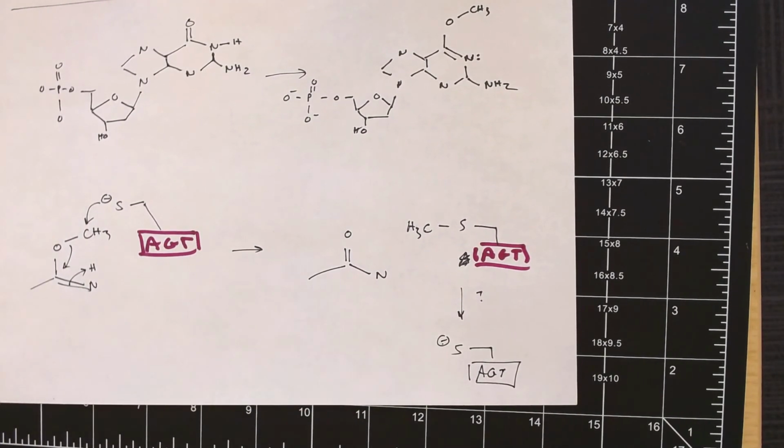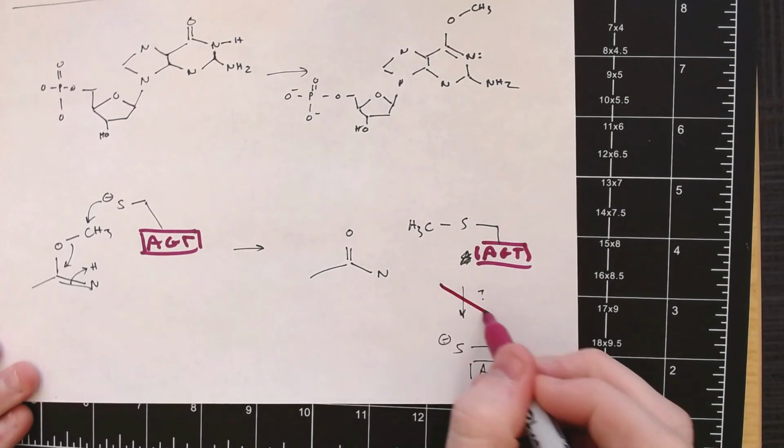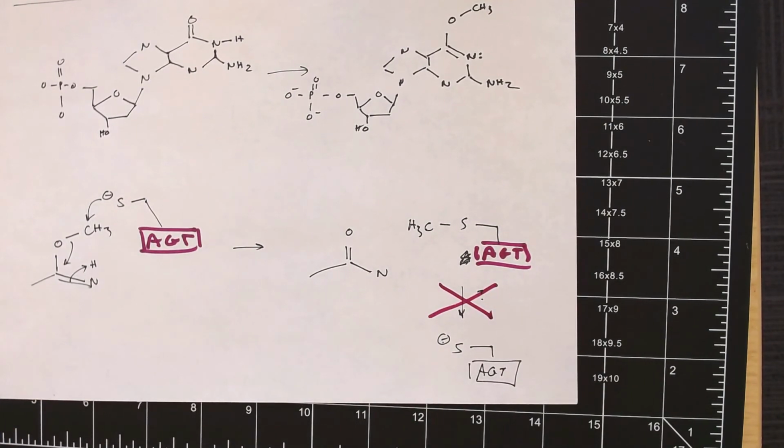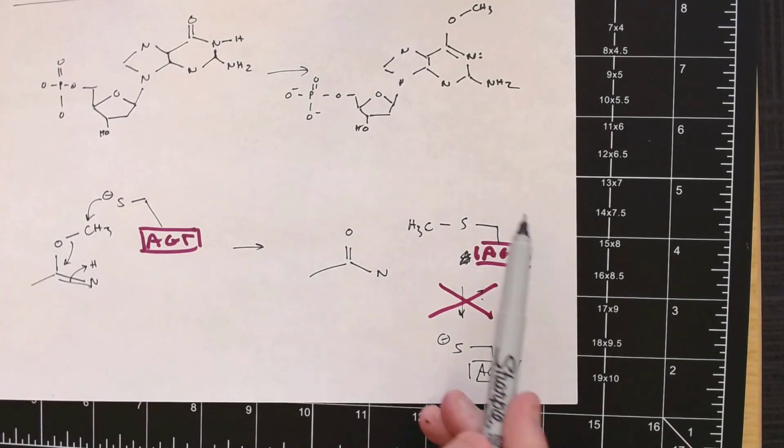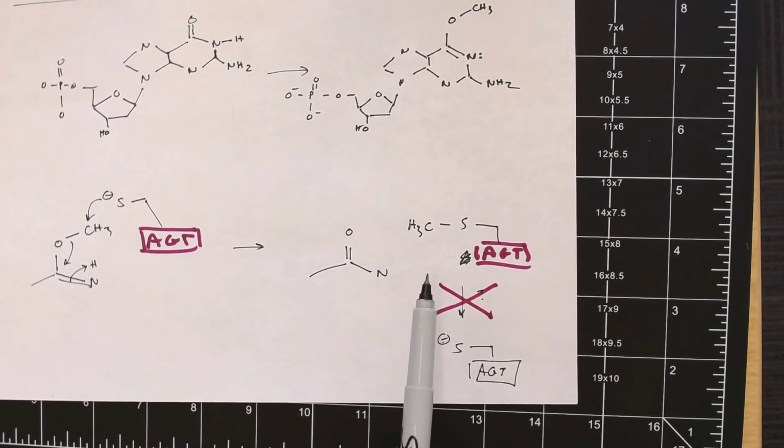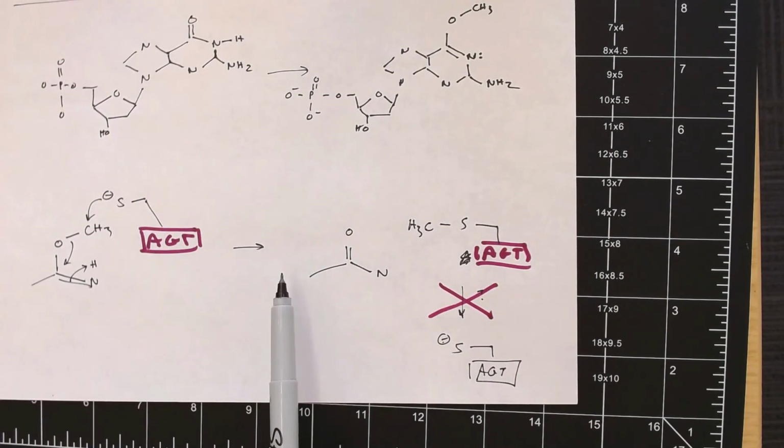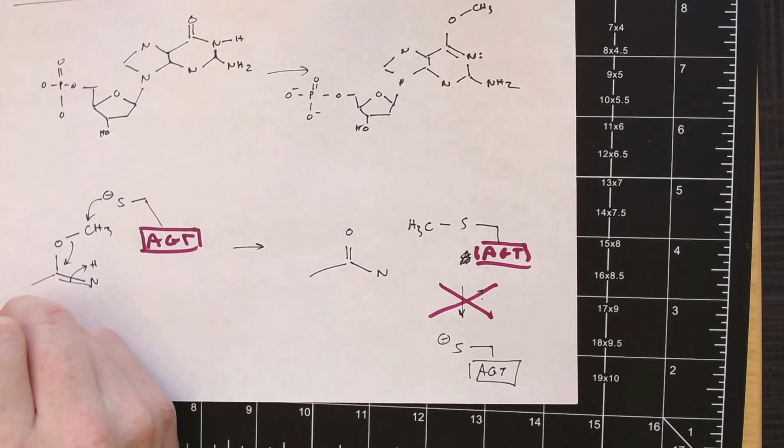However, this is typically not the case. And in fact, it is almost always the case that the methyl transferase is permanently modified when it recovers this alkyl group from the nucleobase.